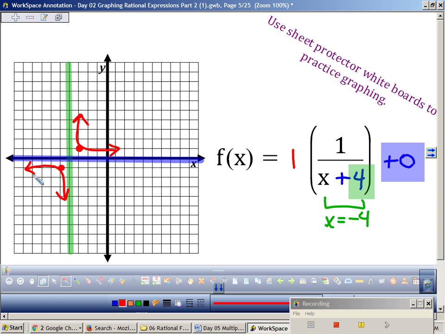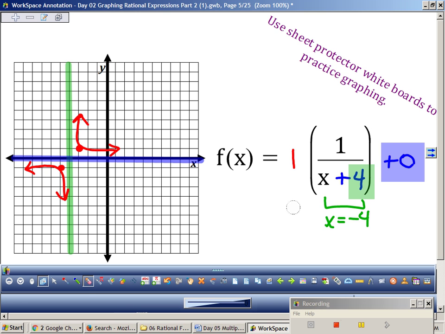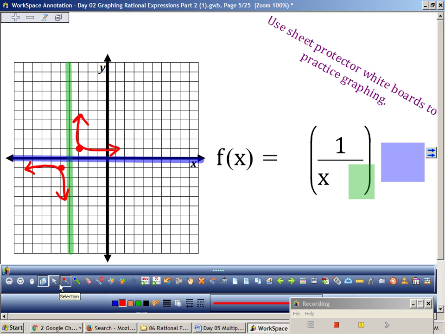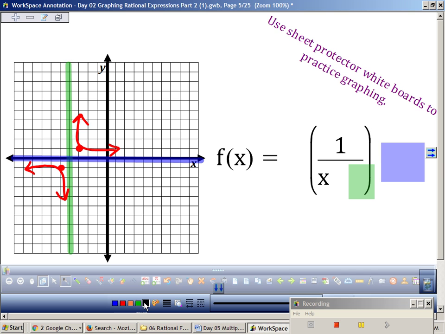Okay. Let's change some stuff. Let's do this. Let's do +4 and +4. What does that look like?